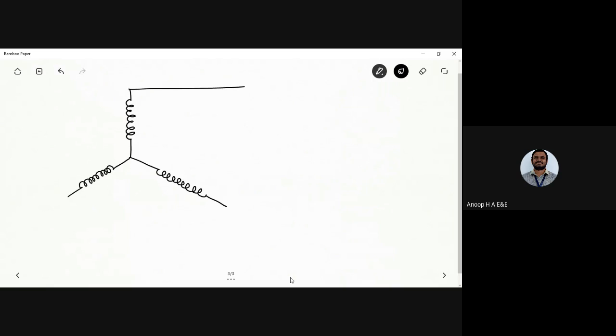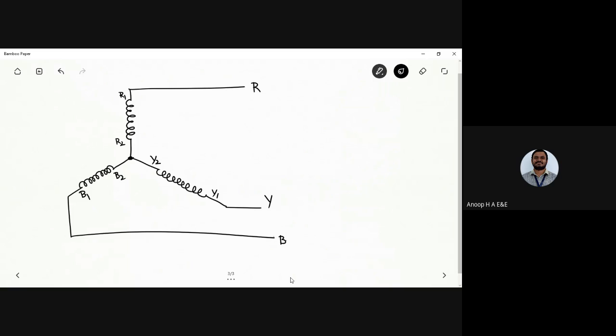Now I have R, Y and B. This one is R1, this one is R2. I already told you this is a star connected network. If I have Y, this would be Y1, this would be Y2, and this would be B1, and this would be B2, and this is the common point here.